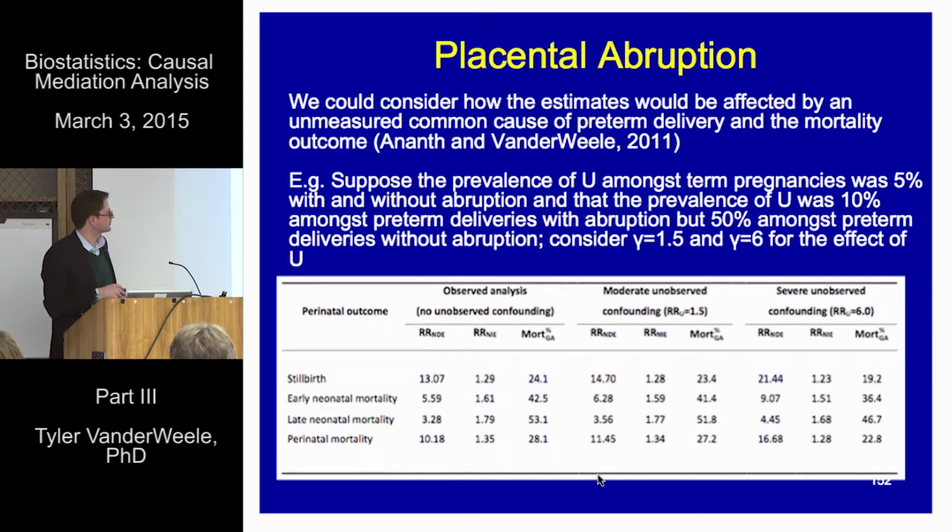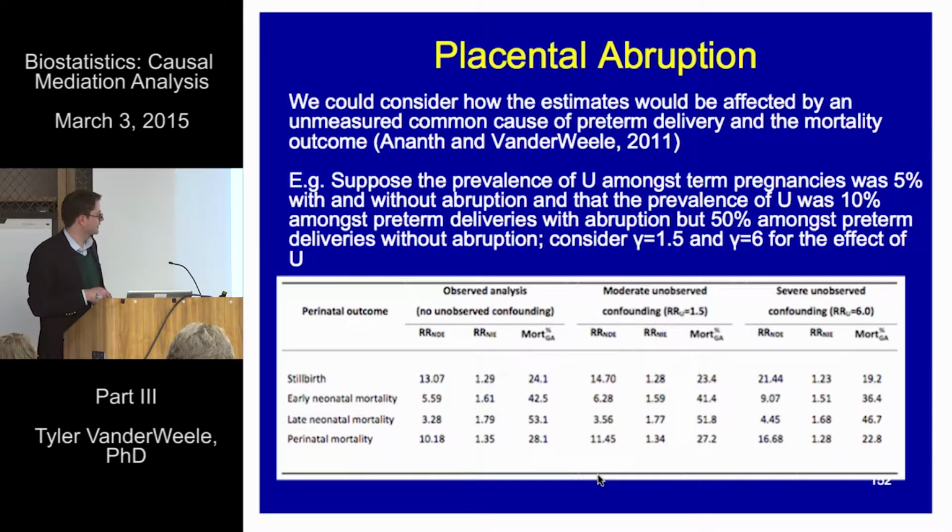If we were to specify those prevalences, and then we were to specify gamma as maybe either a 1.5-fold increase in the likelihood of perinatal mortality under sort of a moderate confounding scenario, or maybe a 6-fold increase in perinatal mortality under a more extreme confounding scenario, it would affect our estimates as follows.